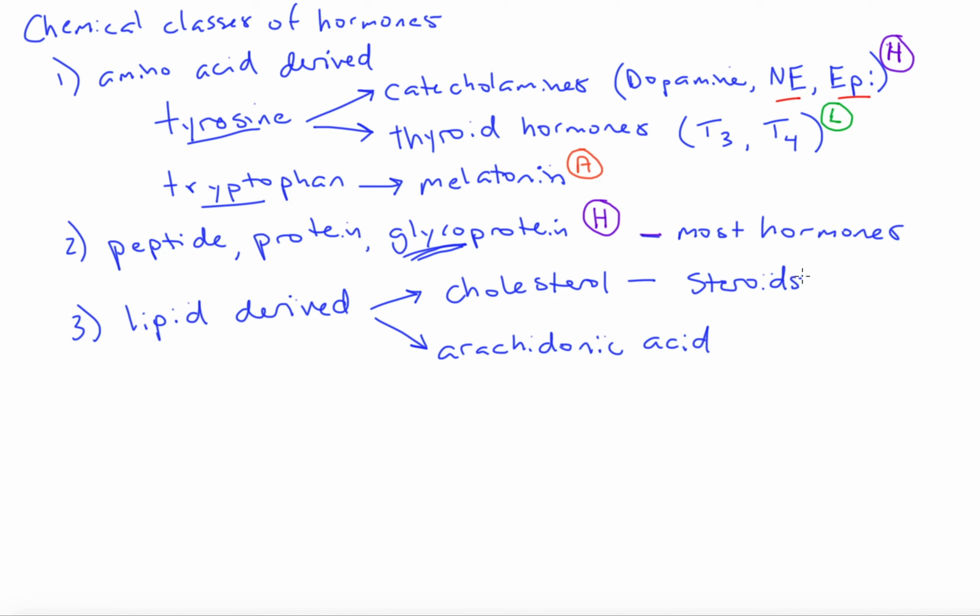And those steroids come from a variety of locations. The gonads in male and female, for the estrogens and progesterone and testosterone, steroids like that. But then there are also adrenal steroids like cortisol and aldosterone. All of those are steroids. Actually, there's even a couple others. A calcium regulating steroid known as calcitriol.